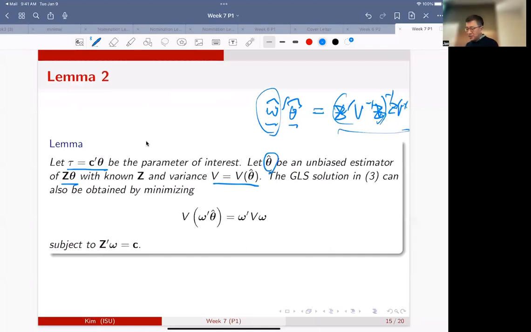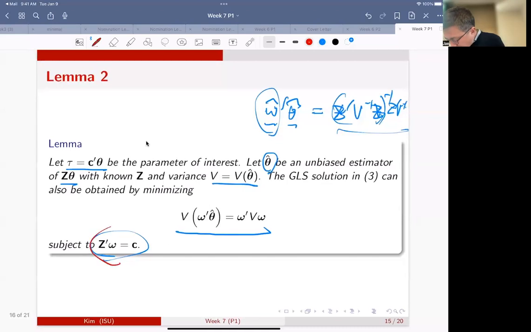Here's a different way: you can formulate it as a constrained optimization problem. And the constraint is this. Let me ask you a question: where does this constraint come from?